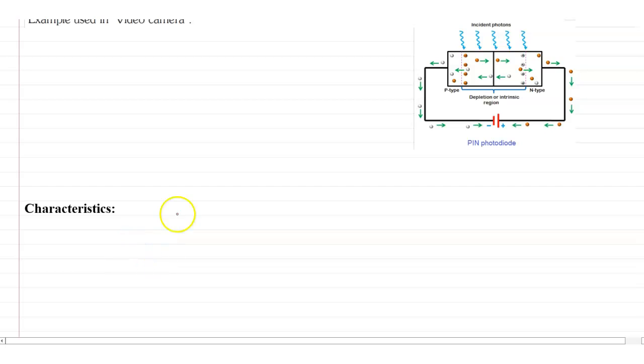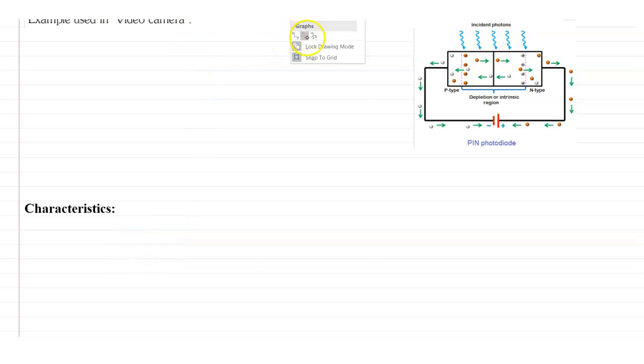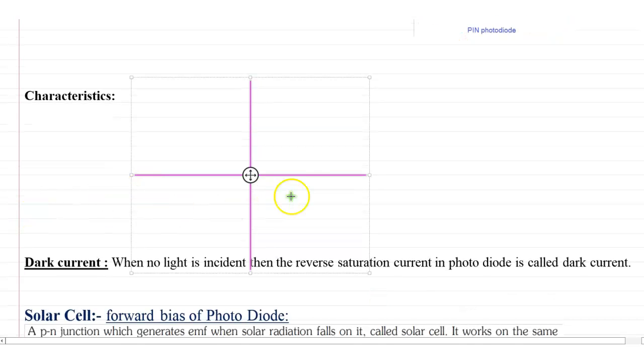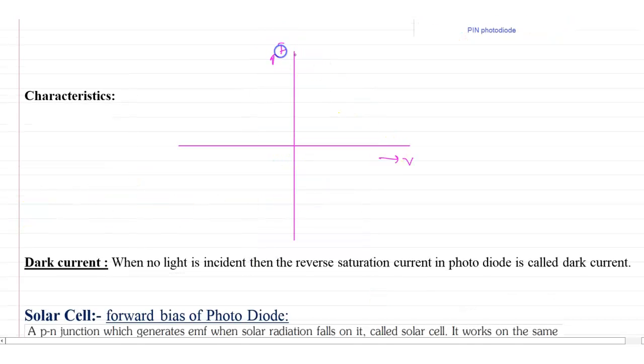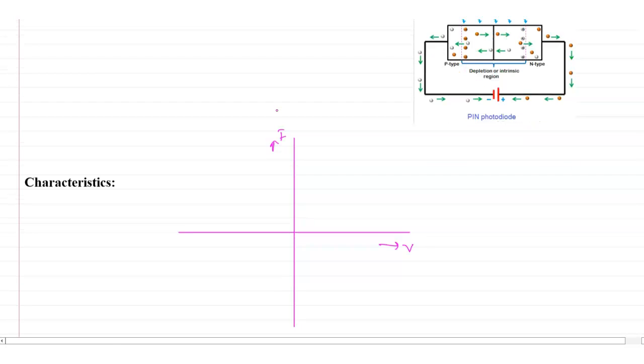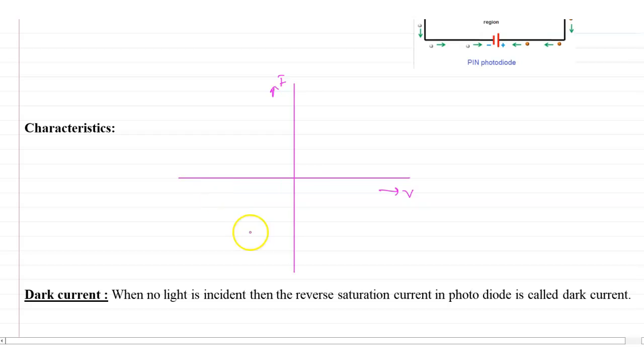And for the photodiode providing reverse bias current, if I draw a voltage versus current graph for when no light is entering the diode, suppose this is a photodiode and the battery is connected in forward bias, and no light is entering.